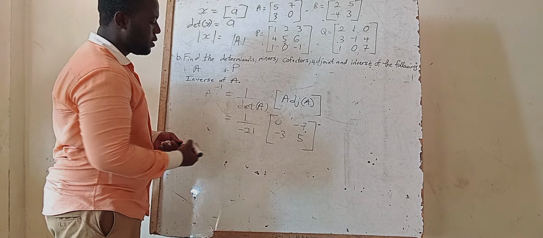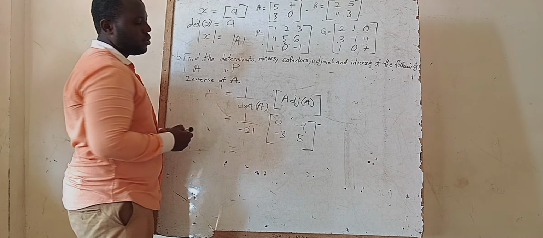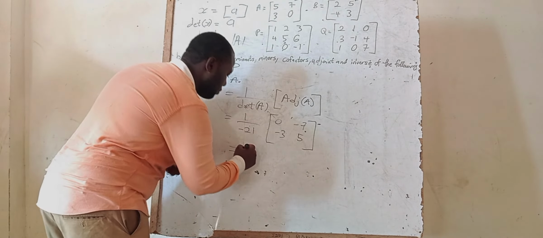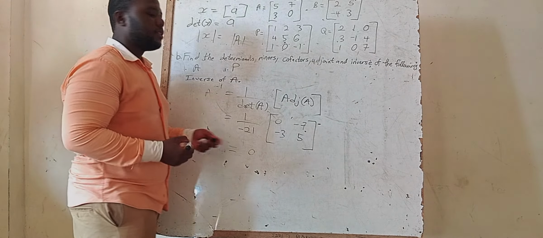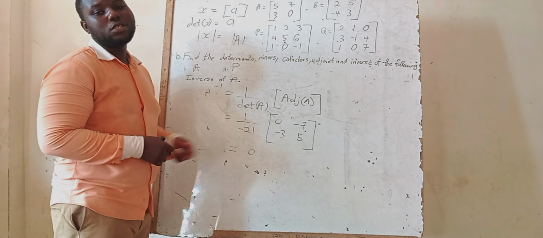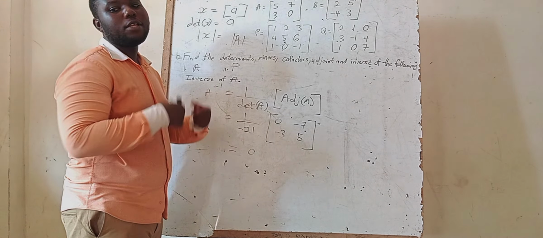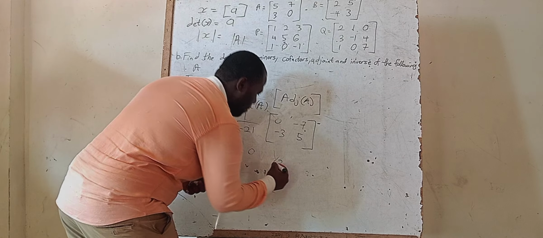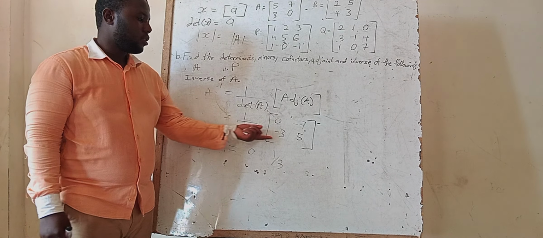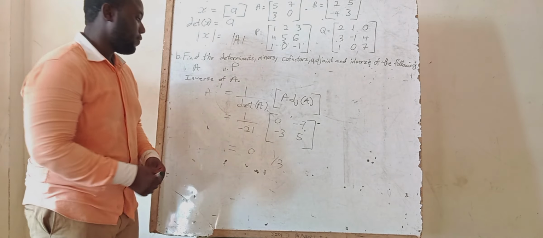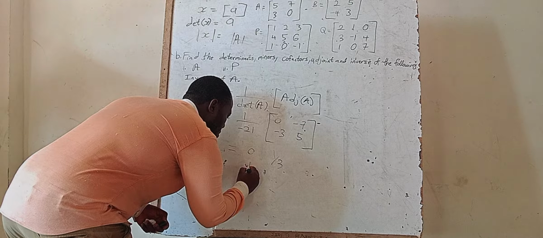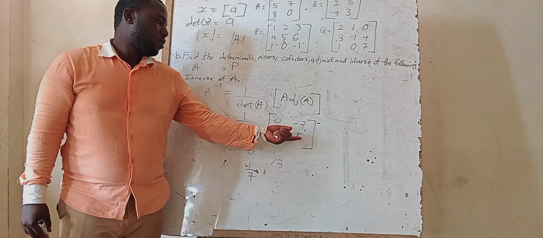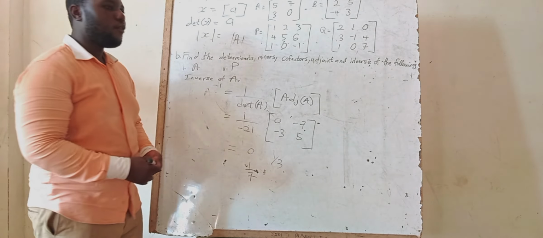So let's simplify this. 1 over minus 21 will multiply 0 and become what? 0. 1 over minus 21 will multiply negative 7 and become 1 over 3. 1 over minus 21 will multiply this and become 1 over 7. 1 over minus 21 will multiply 5 and become 5 over minus 21.